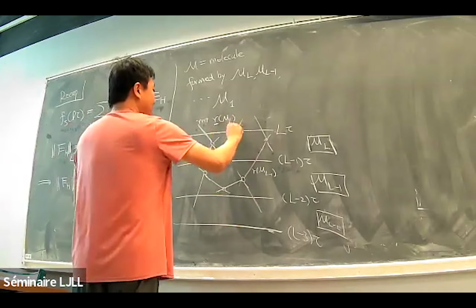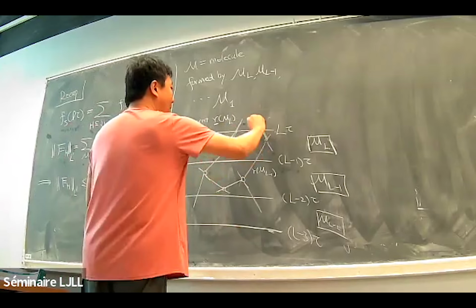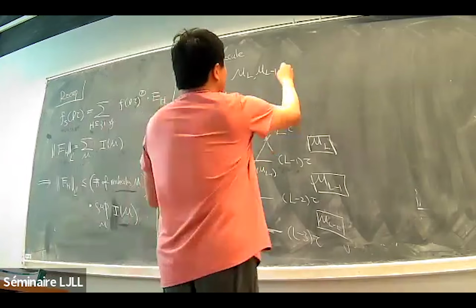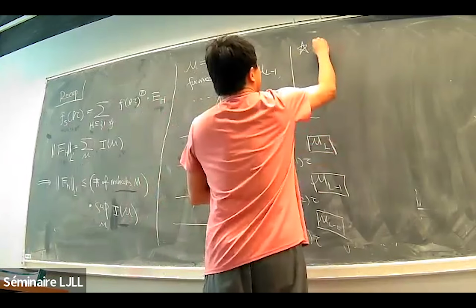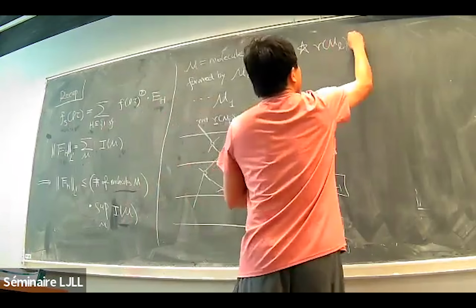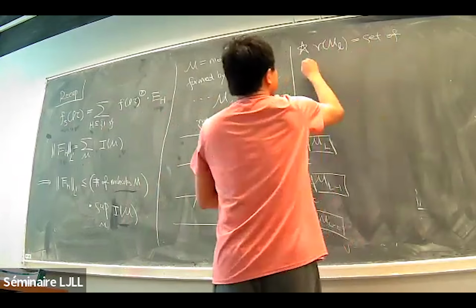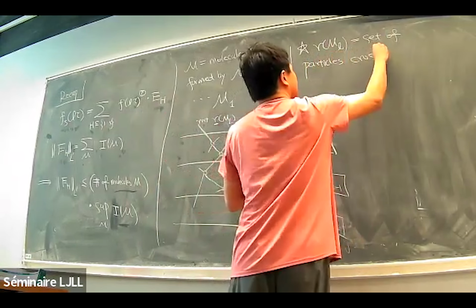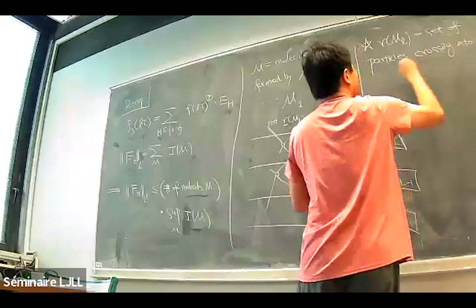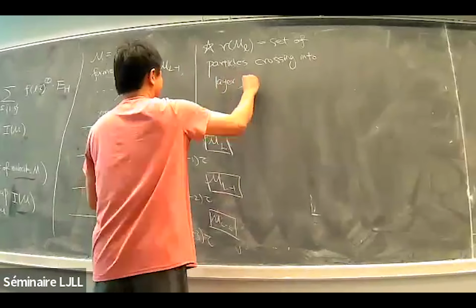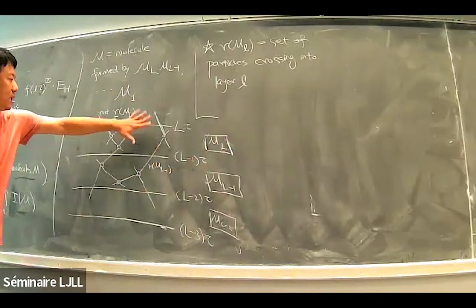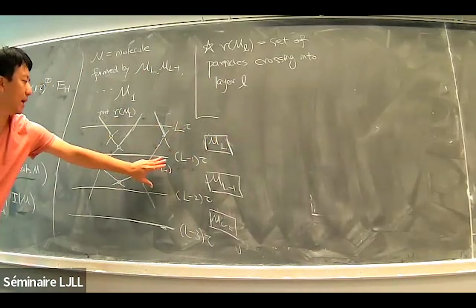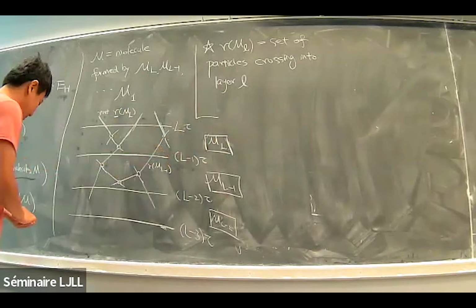And last time I already mentioned that there is one more property. Let me just recall that this R of ML is the set of particles crossing into layer L from higher layers, like the blues, they cross into layer L. And the red again cross into layer L-1 from the higher layers.